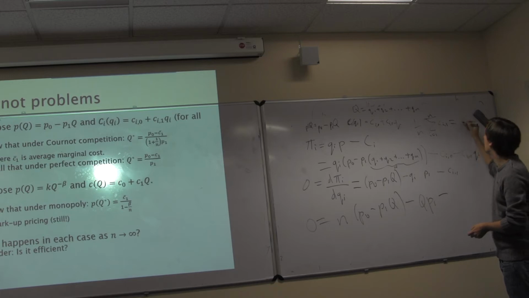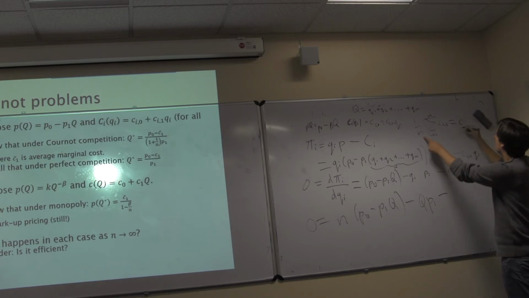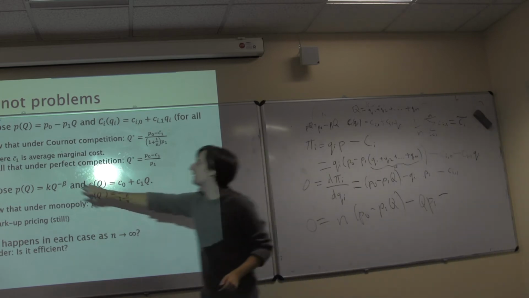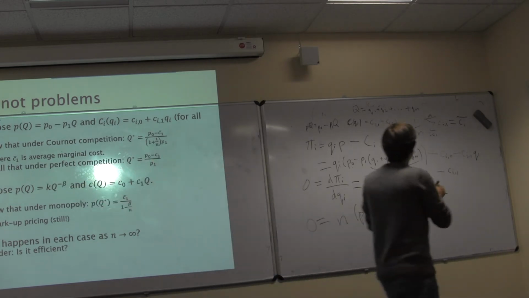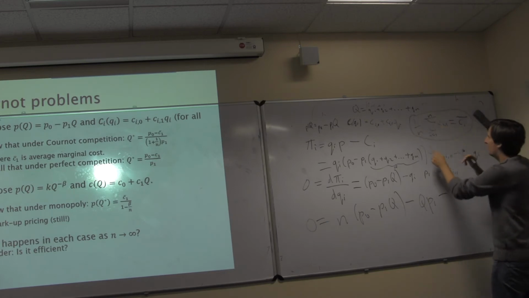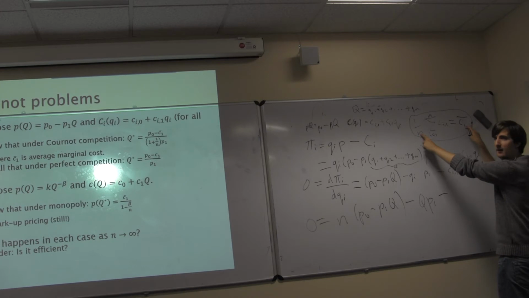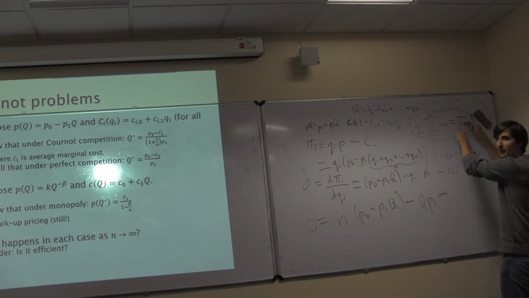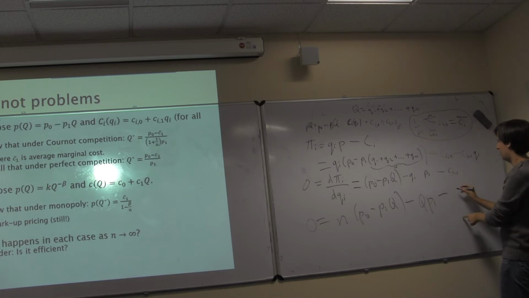So we know that 1 over n times the sum is average marginal cost, which we're just calling C1 bar. So if we times both sides by n, the sum of these Ci's is average marginal cost times n. So we just have minus C1 bar times n.